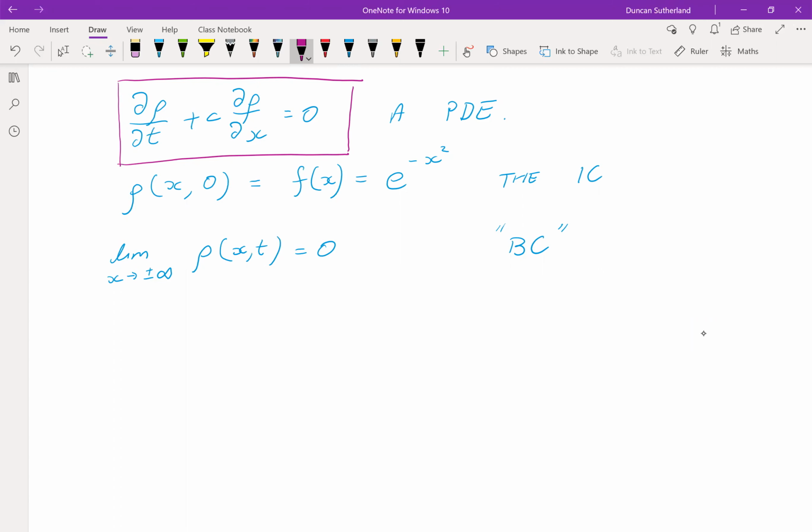We need an initial condition, so that is the state of the system at, for example, time 0, and we also need some sort of indication on what happens to the spatial behavior. So I've euphemistically termed this a boundary condition. We only need one of them, and I'm prescribing two things here because I'm making a statement about rho at plus or minus infinity, both of them.